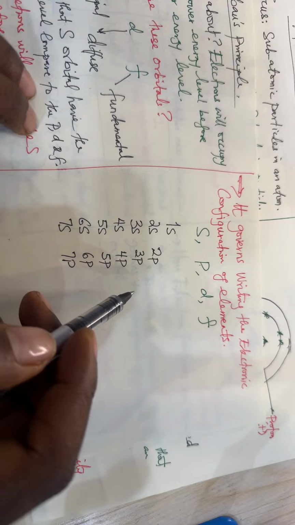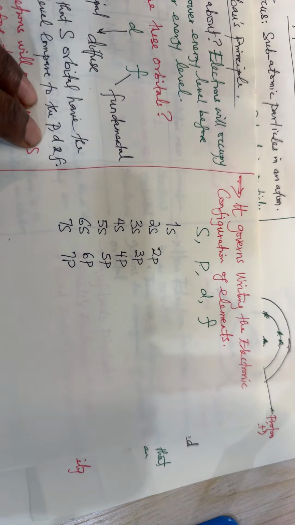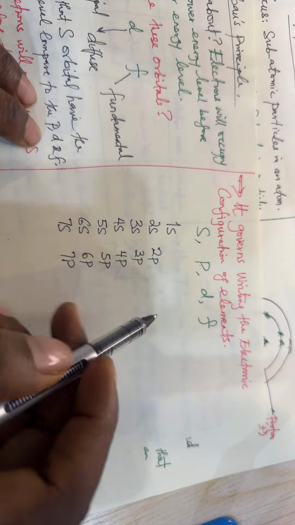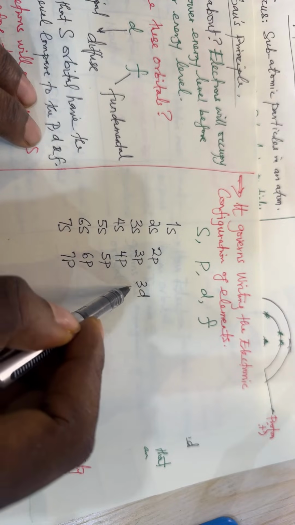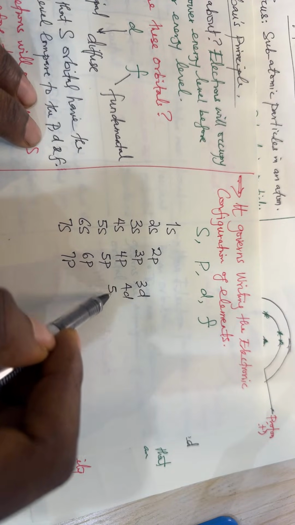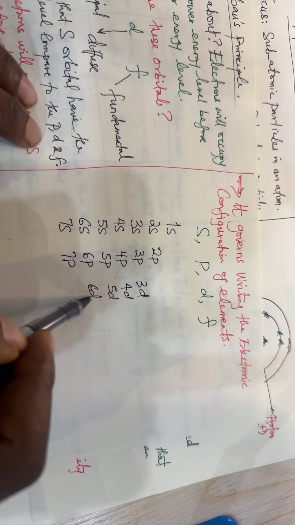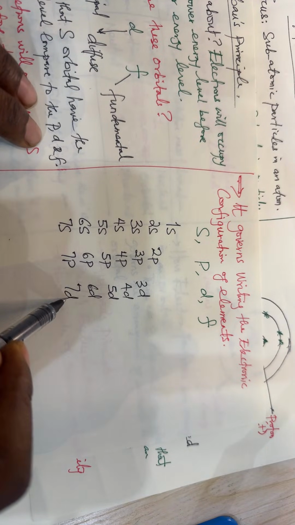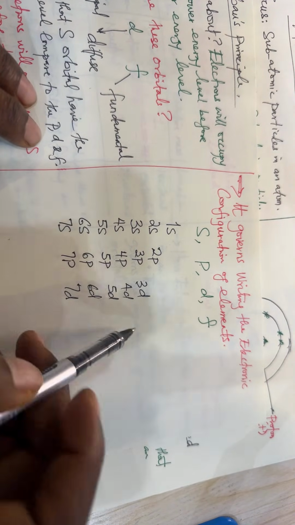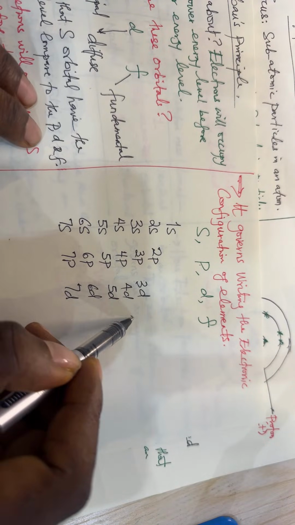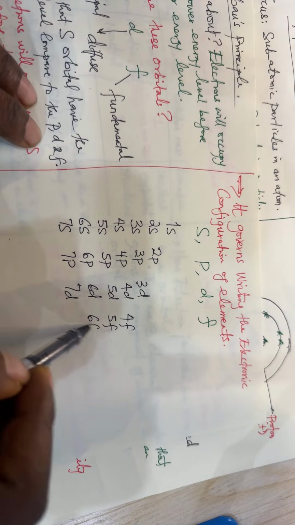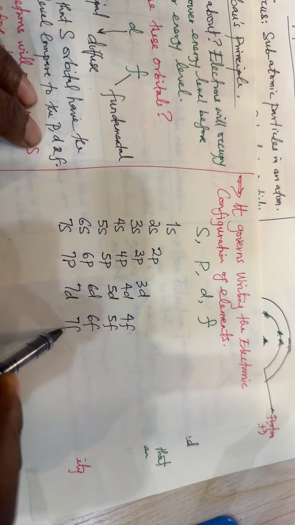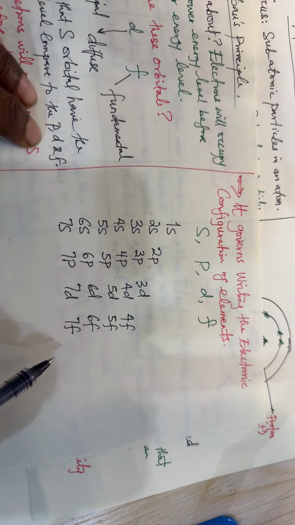Then I'll move to the next one, the D. It comes from the next line, which is 3D, 4D, 5D, 6D, 7D. And then the last one, which is F, comes from the next line, which is 4F, 5F, 6F, 7F. Are you guys following?